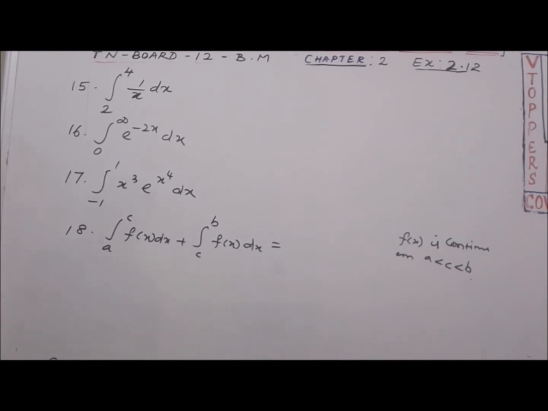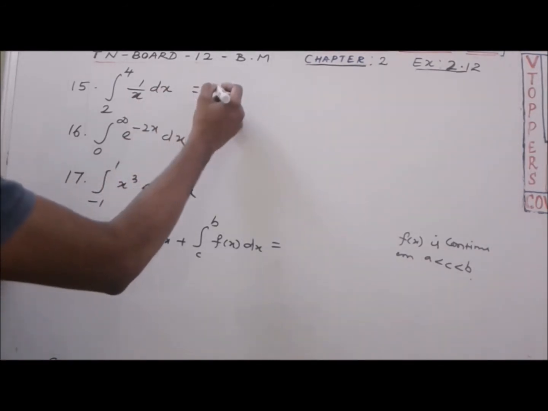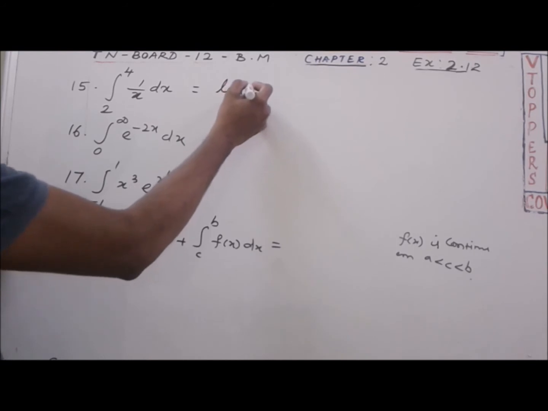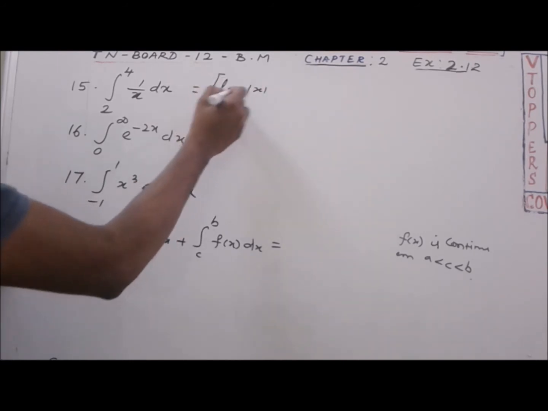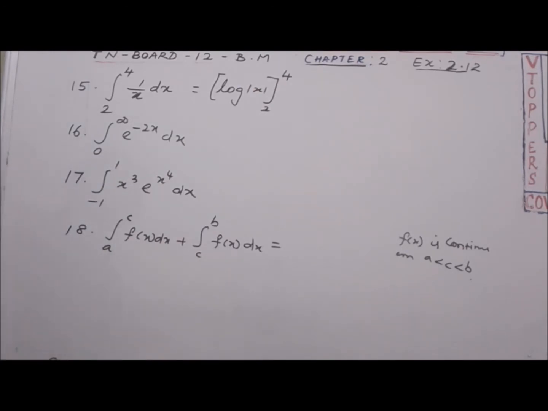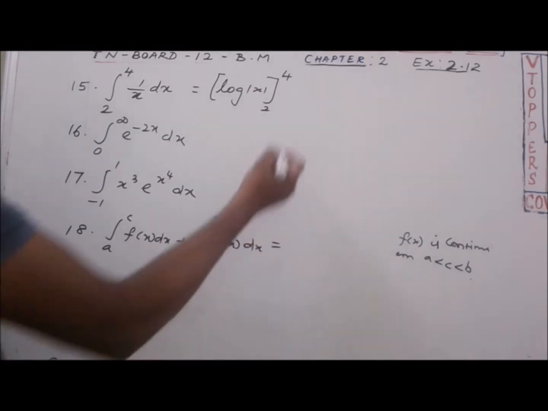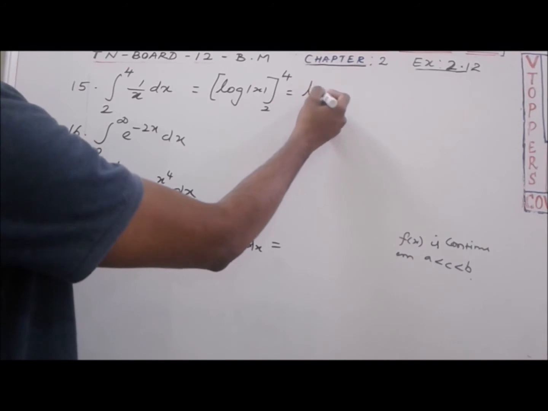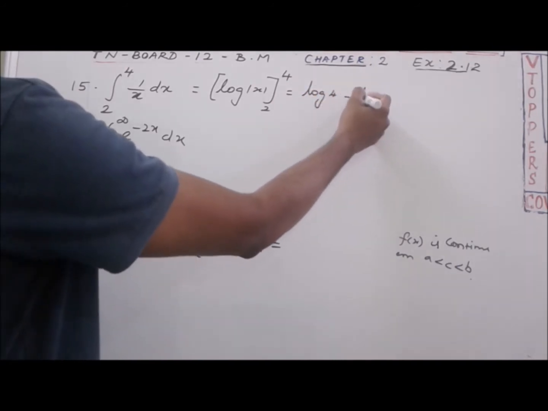For question number 15, integral 2 to 4 1 by x dx is given. Integral 1 by x dx is equal to log of modulus x, limit is given 2 to 4. Now substituting upper and lower limit values, which is equal to log 4 minus log 2.